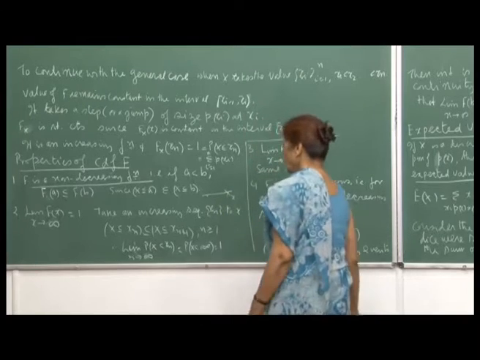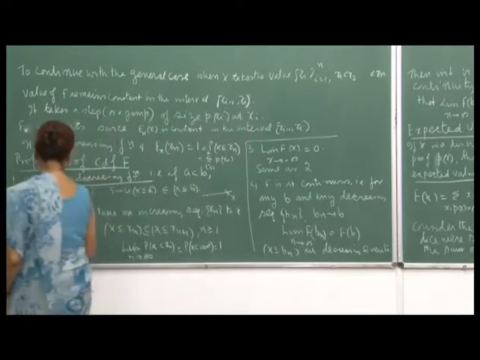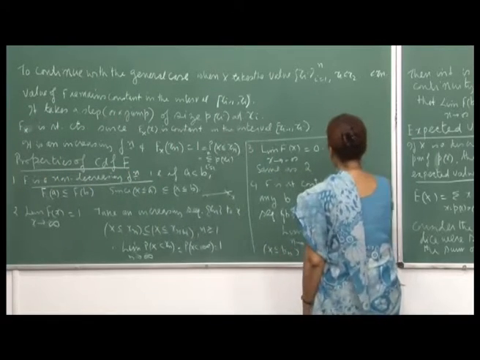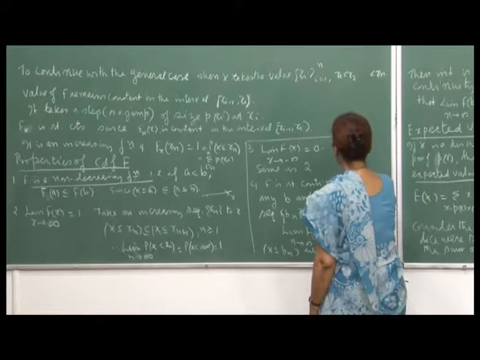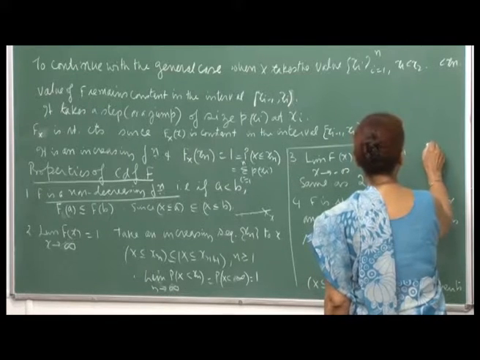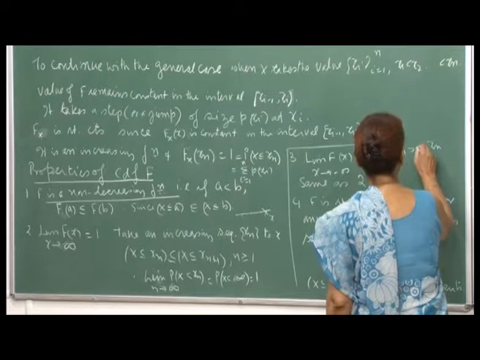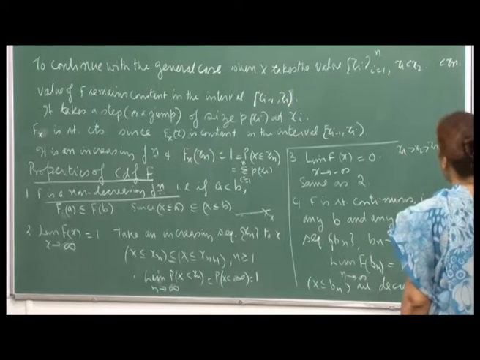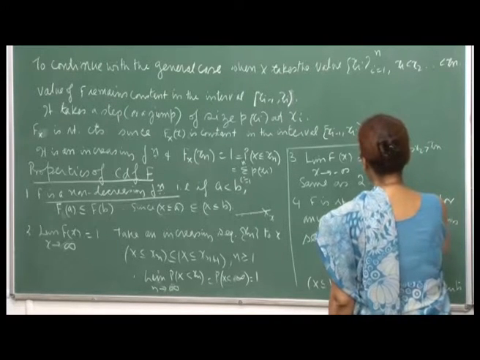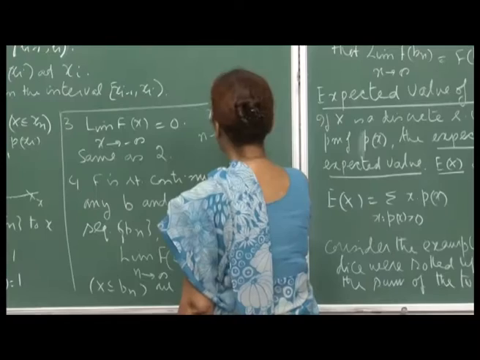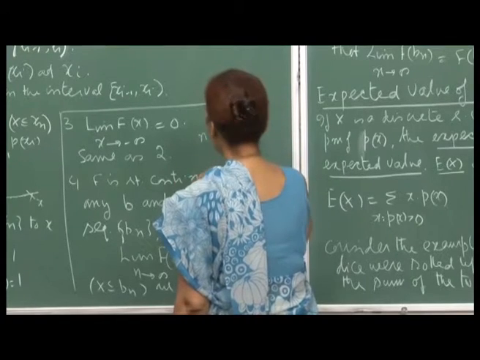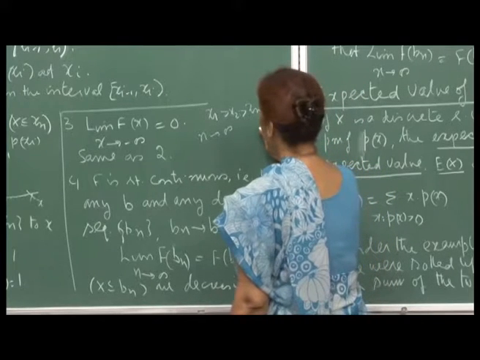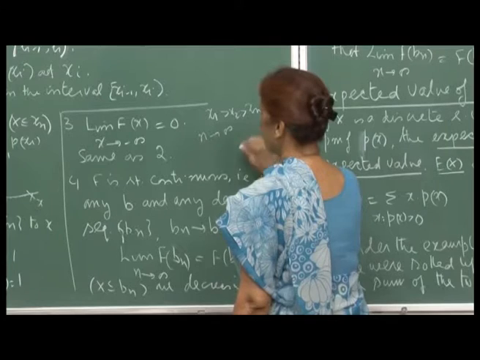When you take the decreasing sequence x 1, x 2, up to x n, where x 1 is greater than x 2, and so on, then the event, when n goes to infinity, will become the empty set.